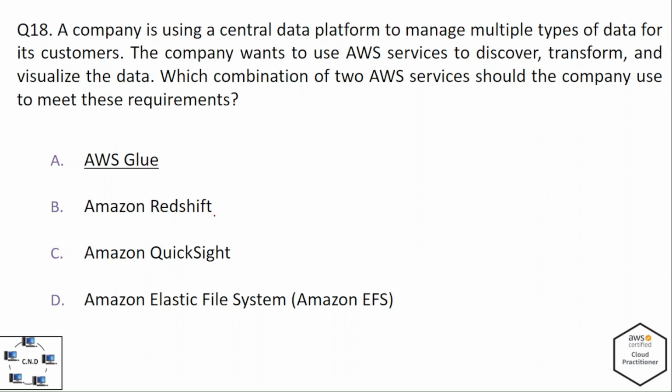And the second correct option is Amazon QuickSight. Using these two services, you can manage multiple types of data for your customers, and they help you discover, transform, and visualize the data. Let's move to the next question.